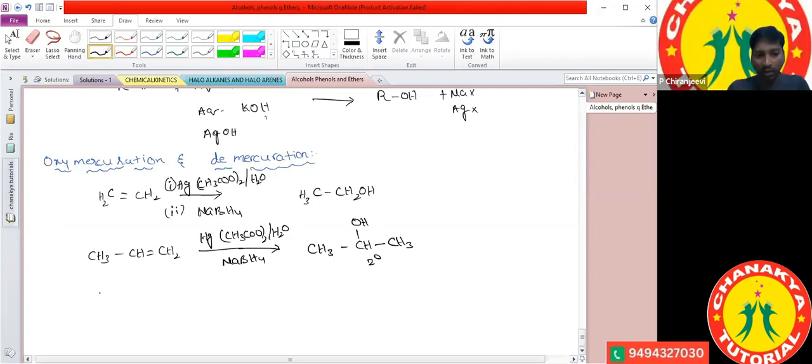And one more question, Mahi. Bonus. Okay, now I'm going to give one more question: an alkene with a benzene ring, CH=CH-CH3. Any guess based on this? The OH group is going to be attached to which carbon atom?